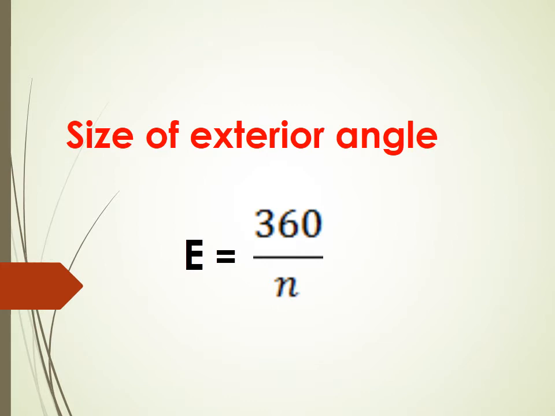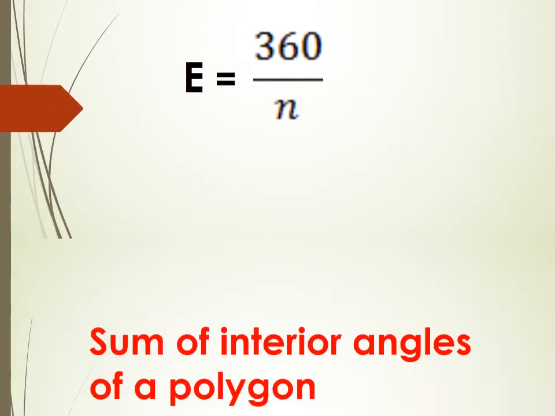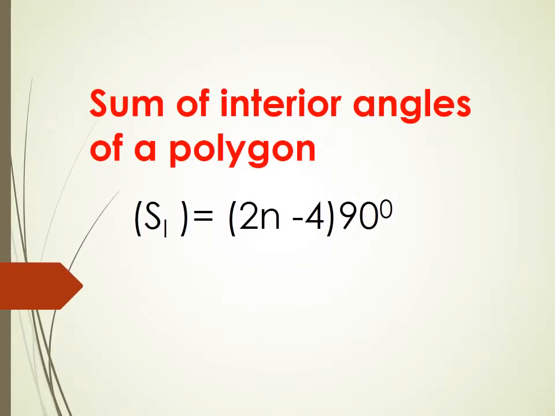This can be given by E is equal to 360 over N, where N is the number of sides. And then we have the sum of the interior angles of a polygon, that is SI, which can be given by (2N minus 4) times 90 degrees.